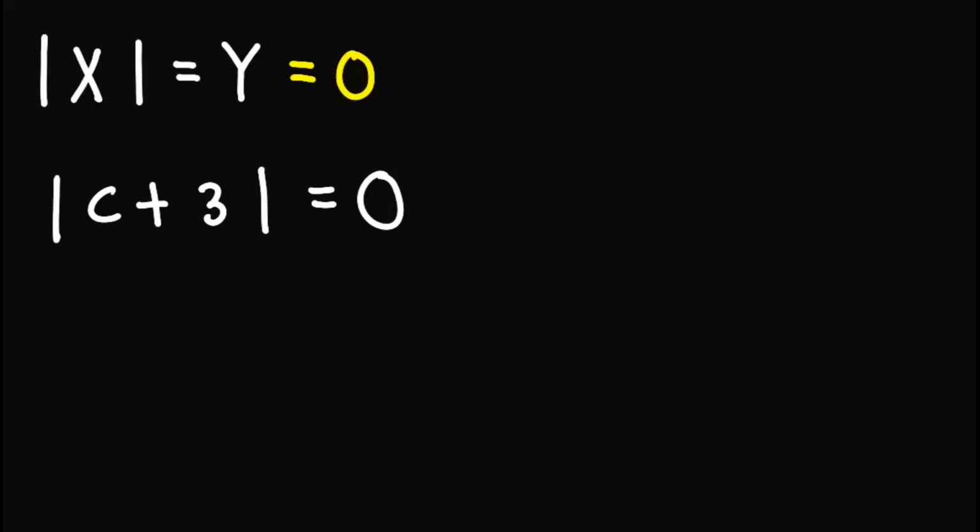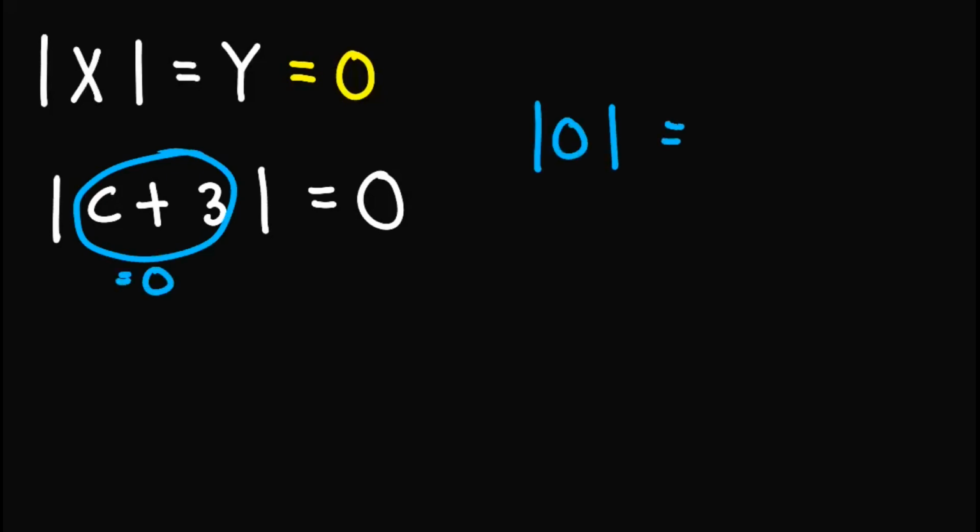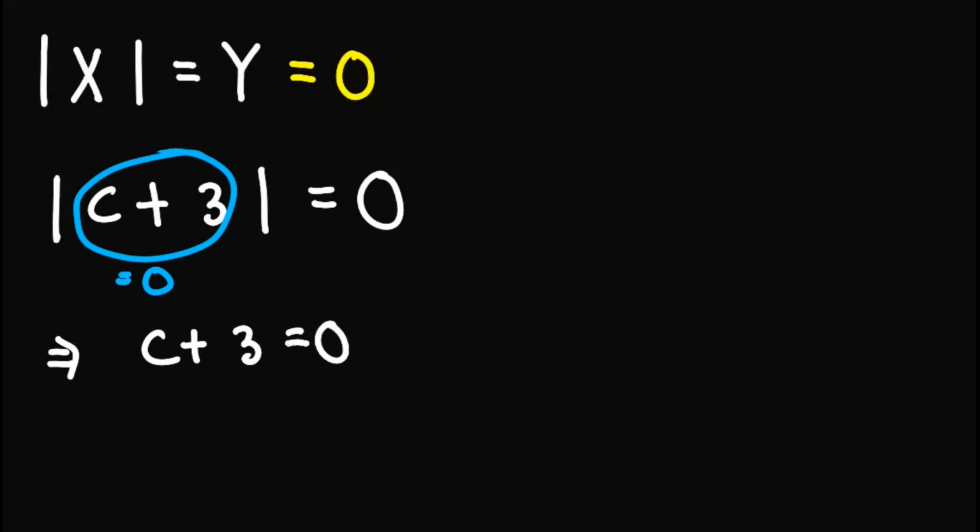This equation will hold if this expression out here is equal to 0, since the absolute value of 0 is simply 0, since 0 doesn't have any positive or negative value. With this in mind, we know that c plus 3 must be equal to 0.